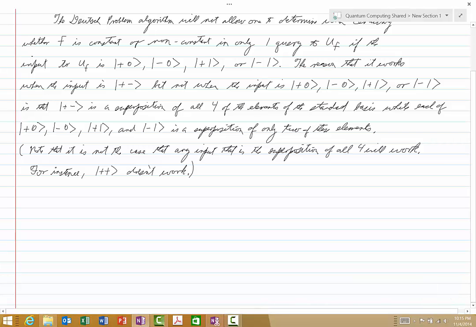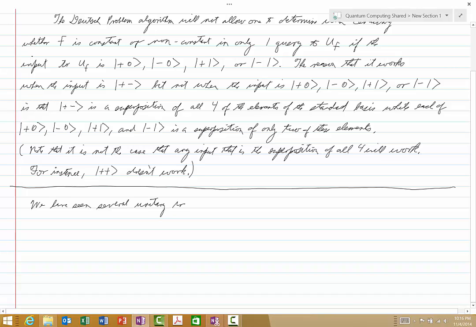We have been looking at several unitary transformations that work as follows.